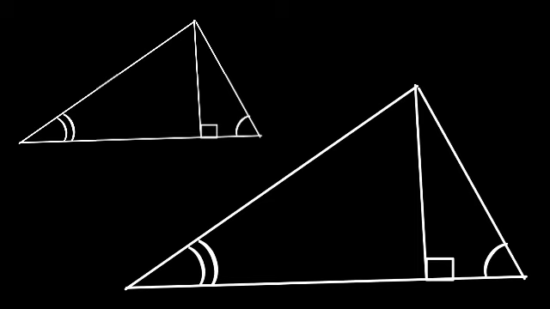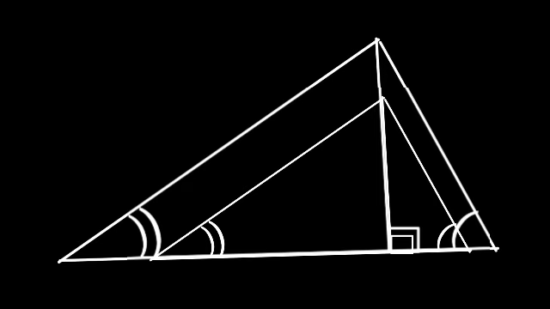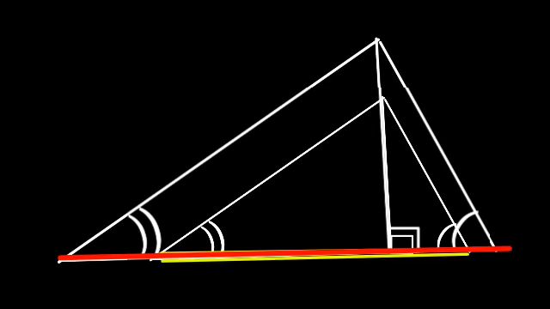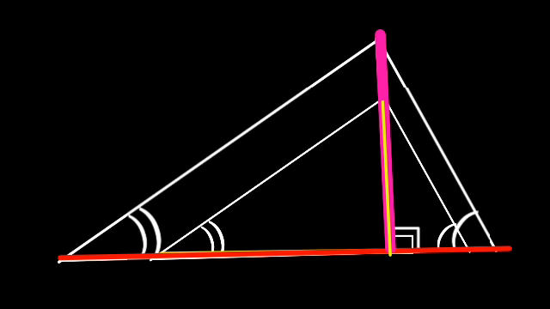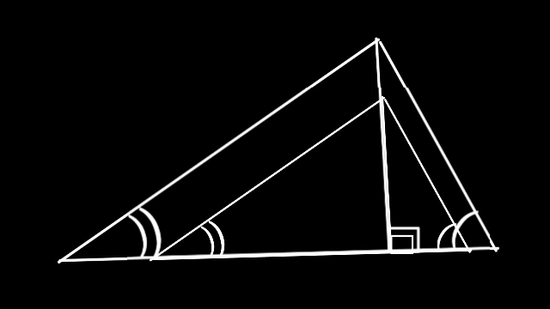This theorem we can also prove by this method. Suppose the base of the small triangle coincides with the base of the bigger triangle, and their heights also coincide with each other.